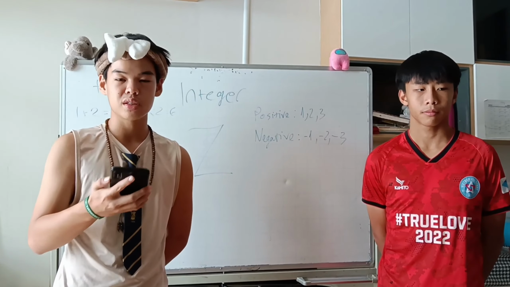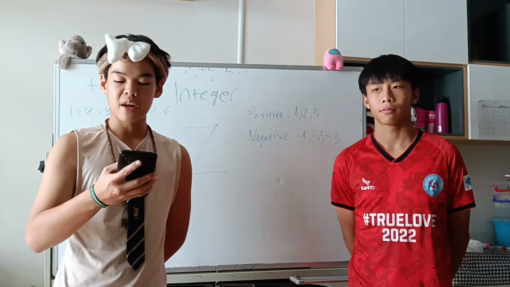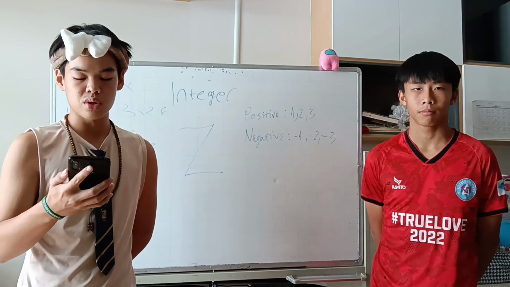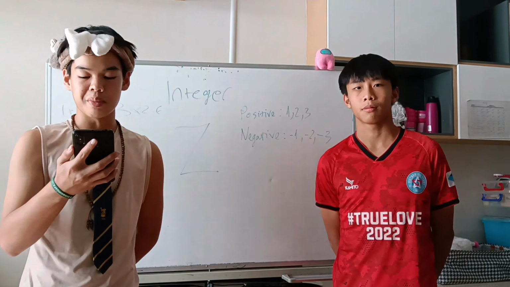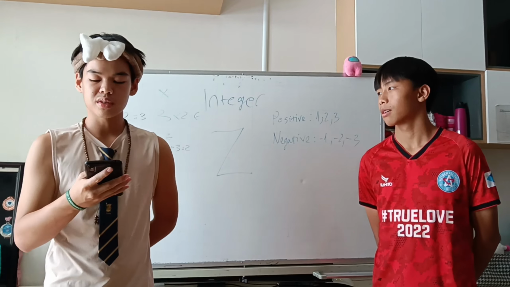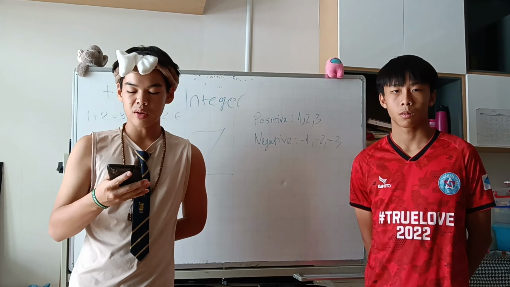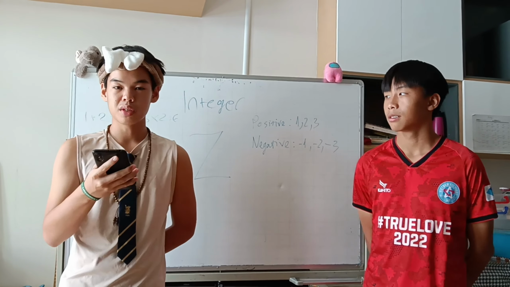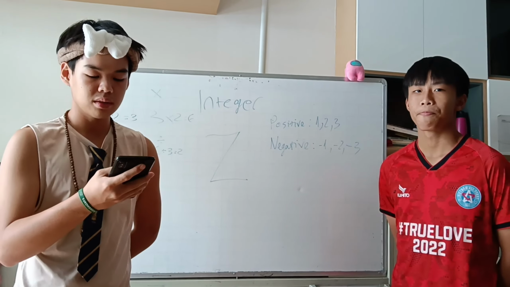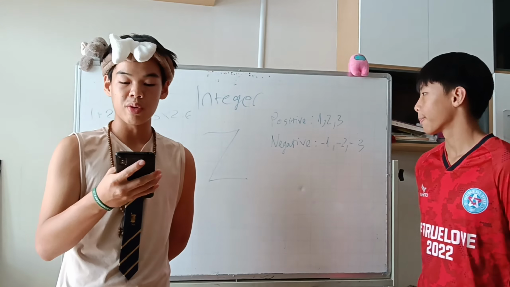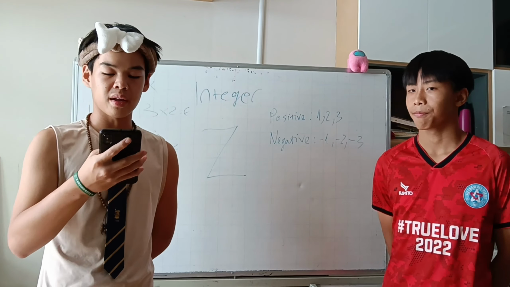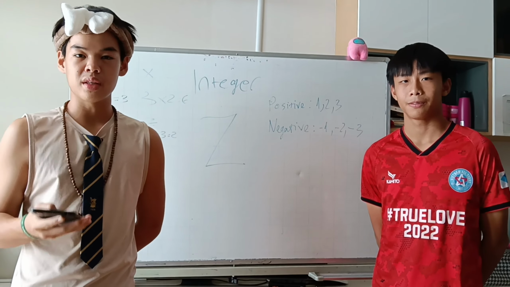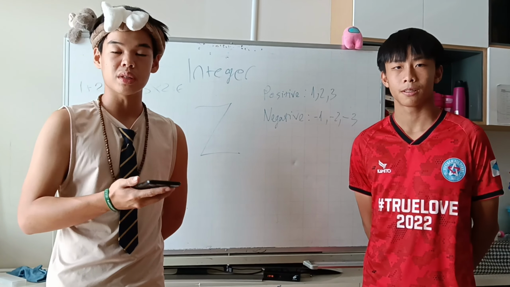In the 19th century, negative numbers were combined into the number system by mathematicians like Augustin-Louis Cauchy. The symbol Z stands for integers, introduced by Richard Dedekind, and is still used nowadays.